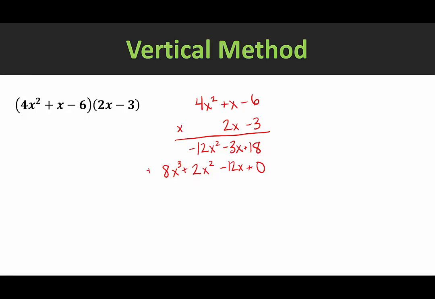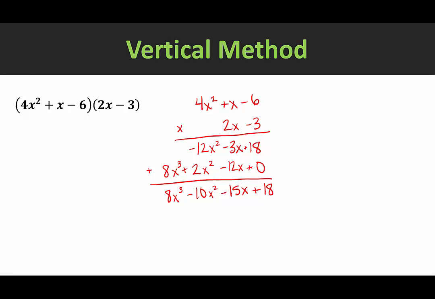Add the two rows. 8x cubed, negative 12 plus 2 is negative 10x squared. Negative 3 plus negative 12 is negative 15x, and then 18 plus 0 would be plus 18.